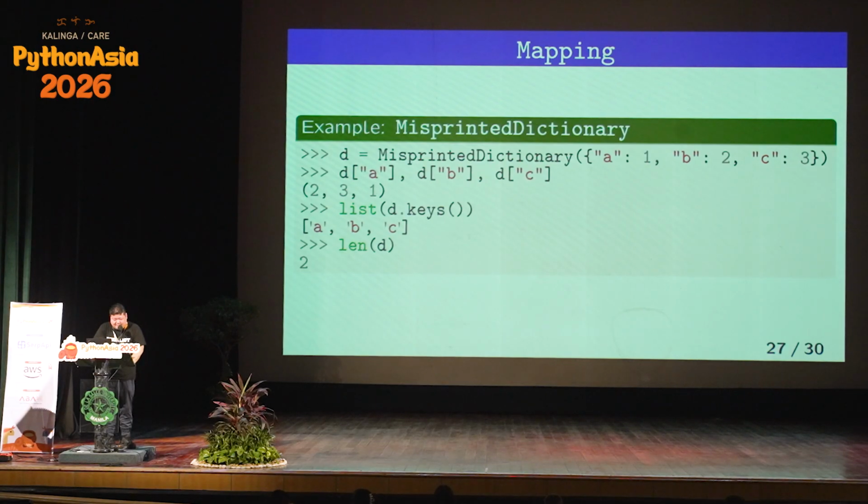Look at this example. You create it with a to 1, b to 2, and c to 3. Accessing the values, d['a'] is 2, d['b'] is 3, and d['c'] is 1. Every value has shifted to the next key.